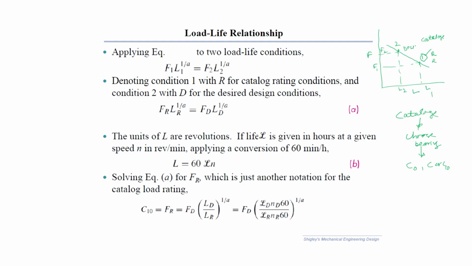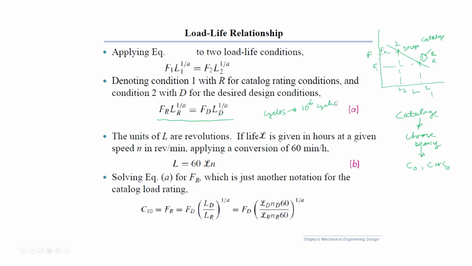This is our desired load and desired life. So, the relationship between the rated and desired is given by equation A. The life in this equation is given in number of cycles, and rated life in most of the cases is 10 to the power 6 cycles.